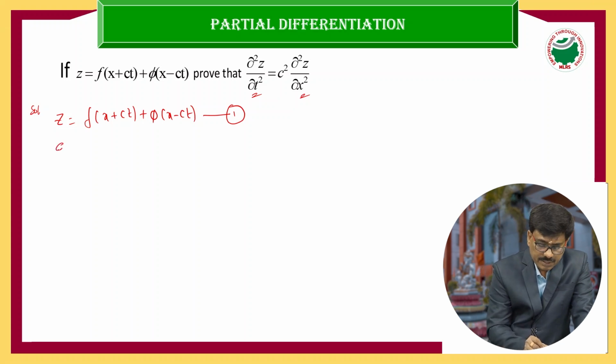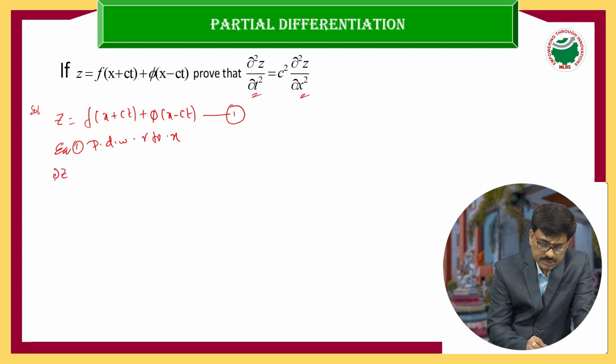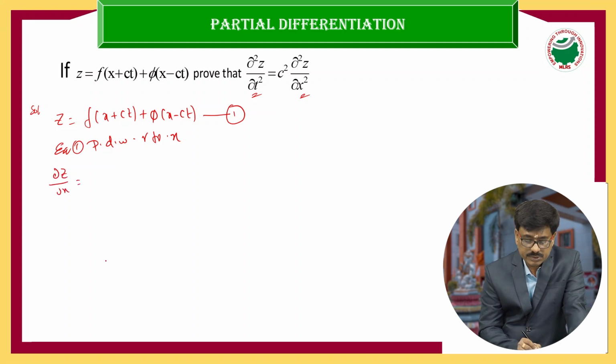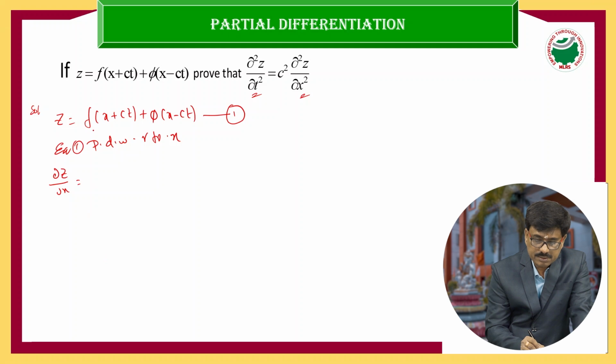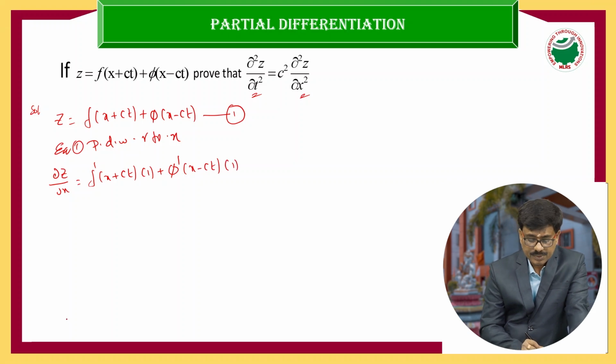Okay. Equation 1, partial derivative with respect to x. Then this becomes dou z by dou x. What is dou z by dou x? There is a function, will have a derivative. Therefore, f dash of x plus c into t, derivative of inner, derivative of x becomes 1, plus phi derivative is phi dash of x minus ct, derivative of x becomes 1.